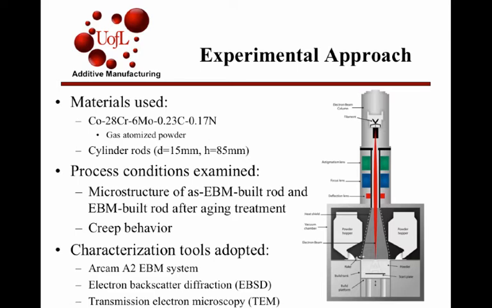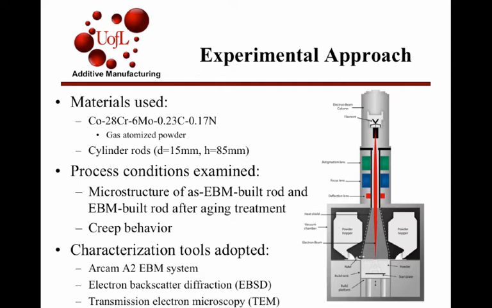The characterization tools were the ARCAM A2 EBM system, which is shown on the right, and you can see that the bed raises and lowers, and it uses an electron beam to melt the powder, and the beam is controlled by magnets.